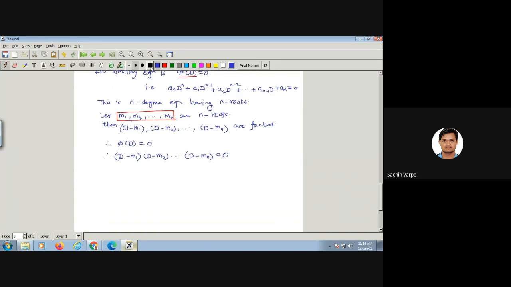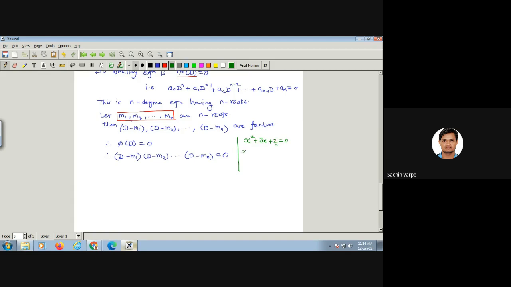Suppose you are not able to understand this, let me show you by example. If we have an equation like x square plus, say, 3x plus 2 equal to 0, what are the roots of this equation? By the splitting the middle term method, we split the middle term 3x with the help of two numbers whose multiplication is 2, right?